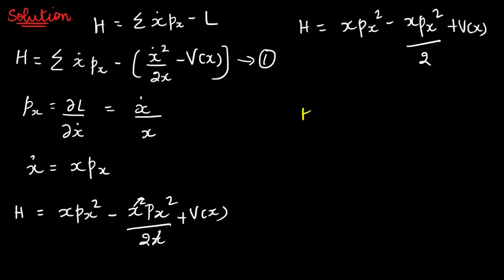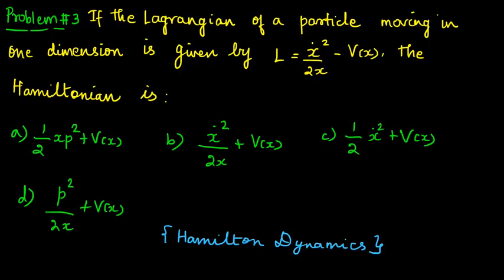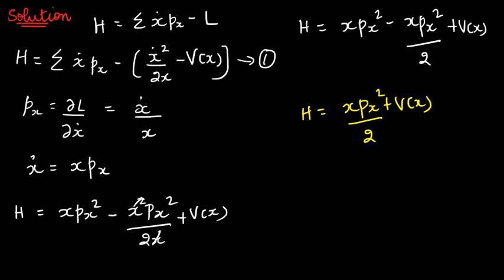So I can have my H to be x px square by 2 plus v of x. So the option is A. So this is a very simple 3.5 marks gaining question. So I hope it's very easy and useful for you.